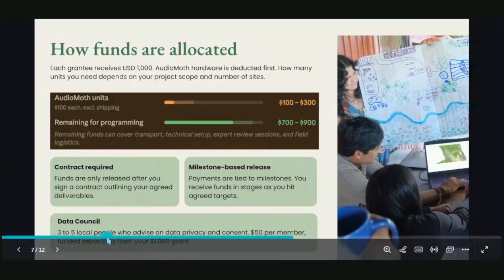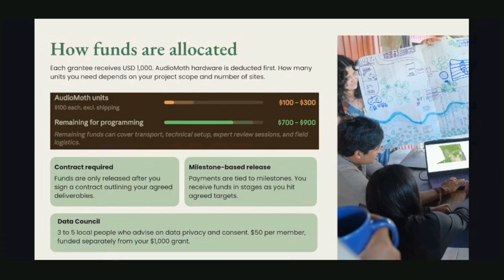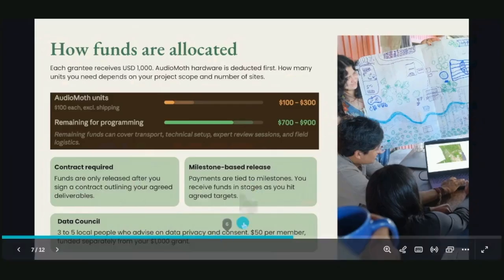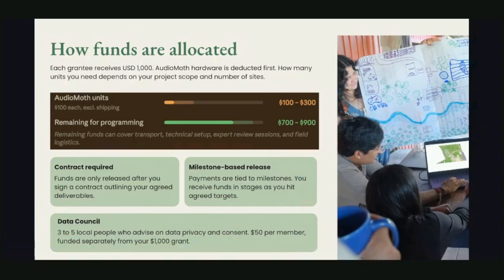Another additional thing that we also encourage and try to practice is to have a data council. This is an optional thing that we are offering on top of the 1K. We would like to encourage projects to come up with a data council, which is basically 3 to 5 people in their location or in their community to advise on data privacy and consent.